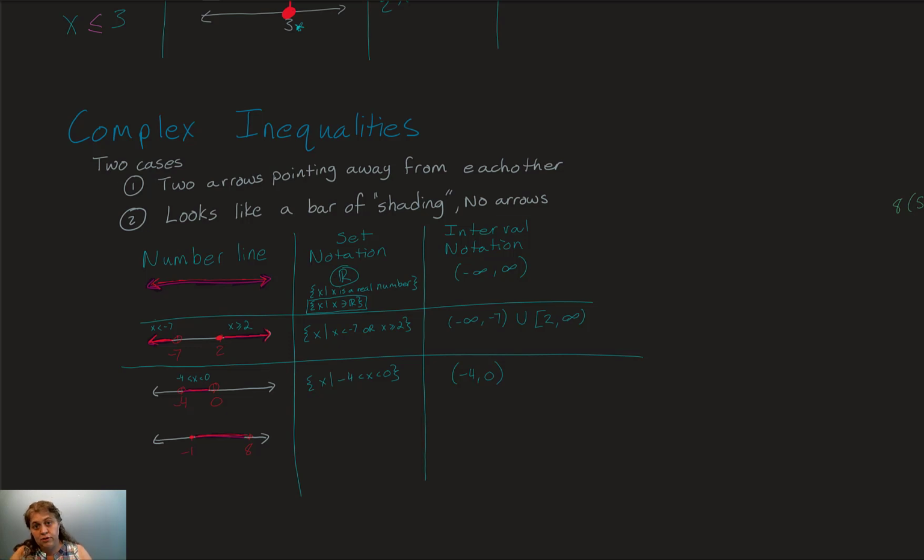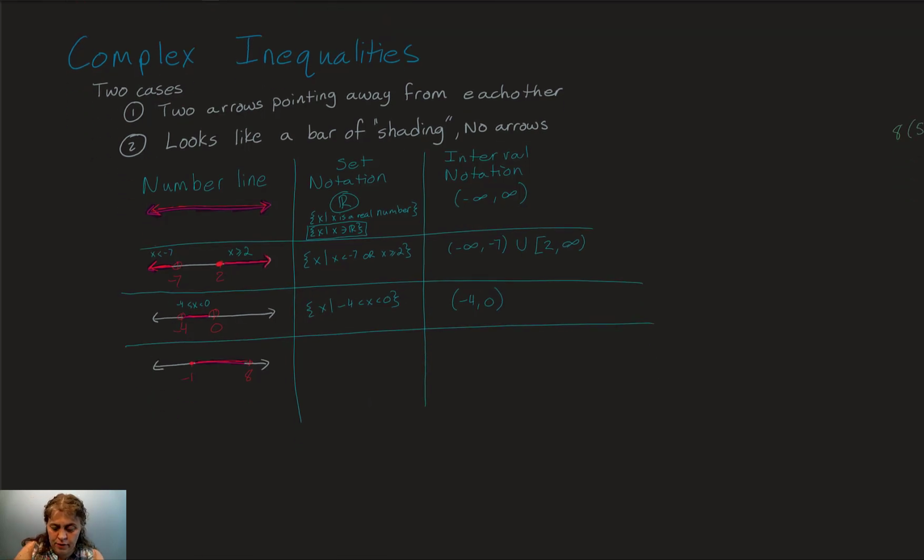I don't have a filled in circle at either of those numbers, so I'm going to put parentheses. And then here, I'm going -1 is less than x is less than 8, and I actually have a closed in circle on -1, so I want that to be less than or equal to. So curly bracket x, vertical bar, -1 less than or equal to x less than 8.